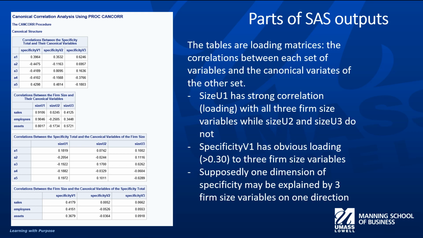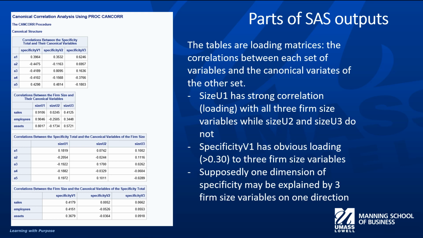However, the two tables on the bottom also give us the correlations between the size variates and the other group of data set, and also the specificity variates with the opponent group of data sets.